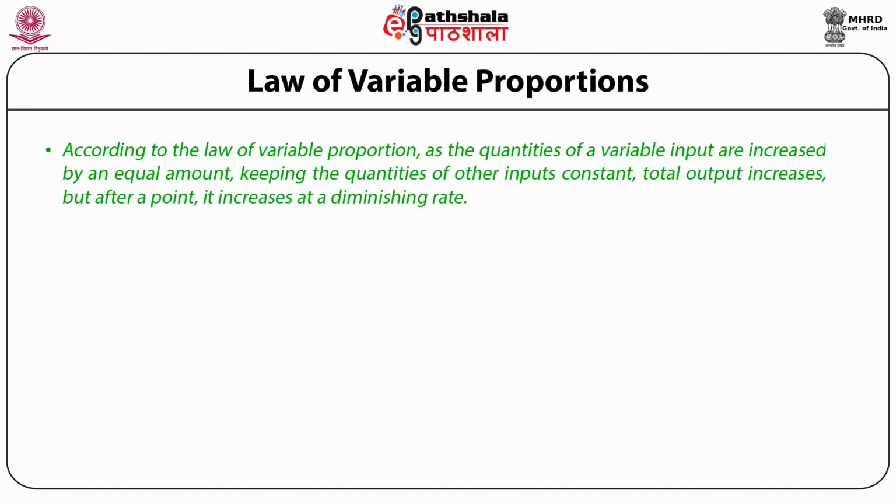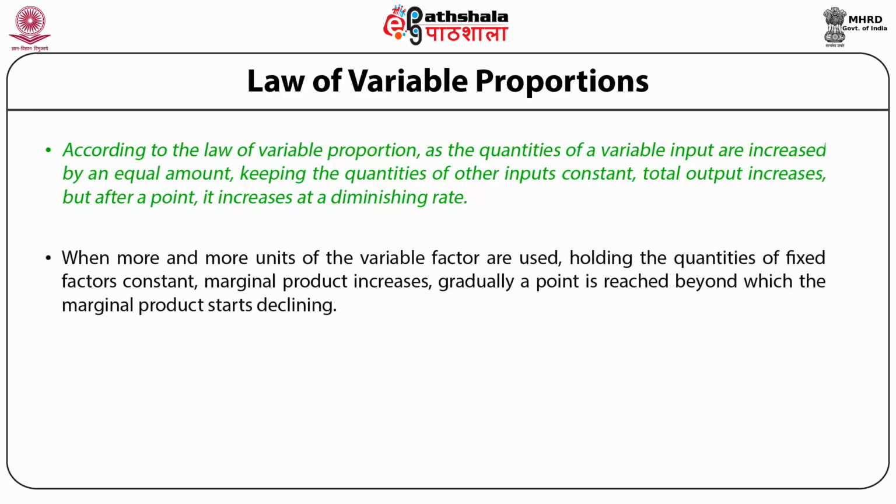This law can also be put differently. When more and more units of the variable factors are used, holding the quantities of fixed factors constant, marginal product increases. Gradually, a point is reached beyond which the marginal product starts declining.